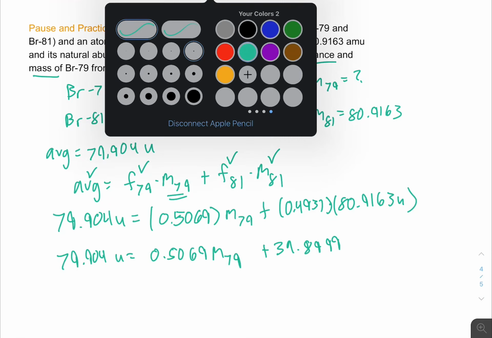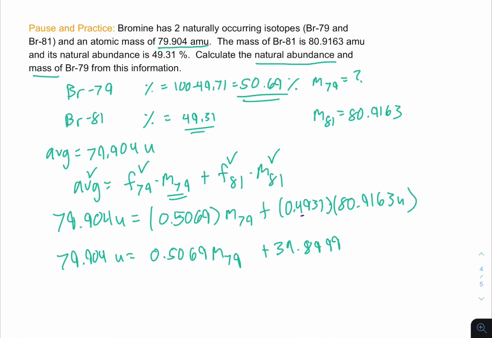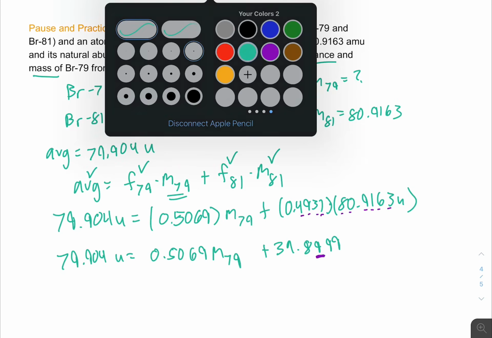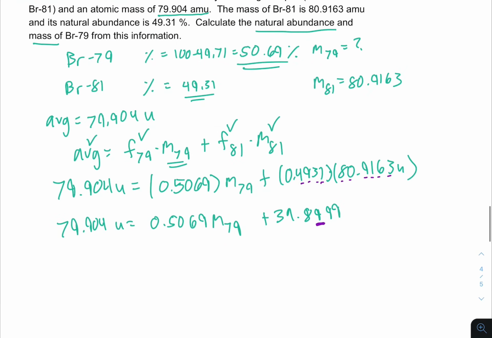We multiply those 2 numbers together, we get 39.8999. And again, we want to make sure we track our significant digits here, 1, 2, 3, 4, 1, 2, 3, 4, 5, 6. So this would be the number we would round. We don't have to do that right now, but we could. We just want to make sure we track that. Then we go ahead and subtract over our 39.8999, and we're going to get 40.0042 equals 0.5069 times the mass of 79.